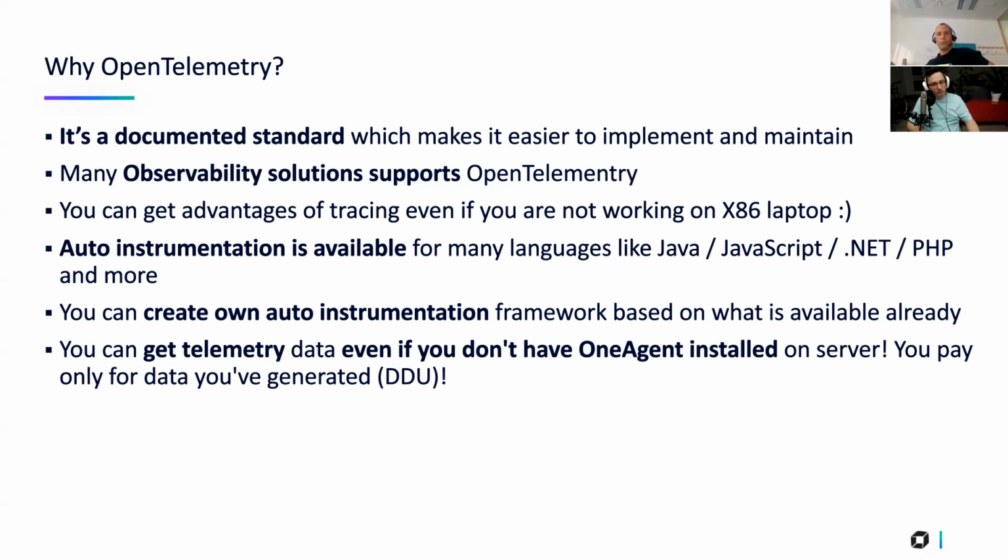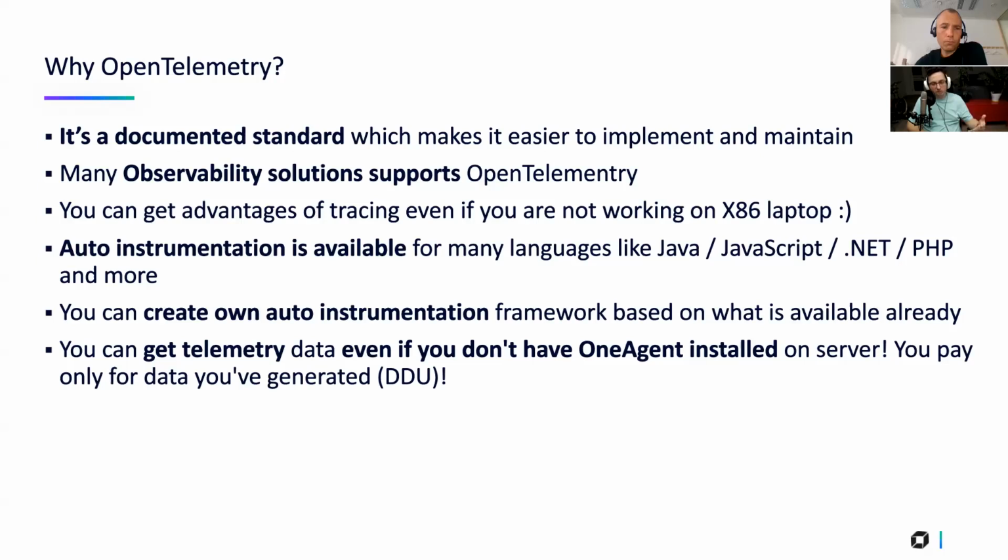I've said that we have auto-instrumentation for some languages like Java, JavaScript, .NET, PHP, and more. Obviously, OneAgent supports those technologies as well, so if we can use OneAgent, it's the preferred way.